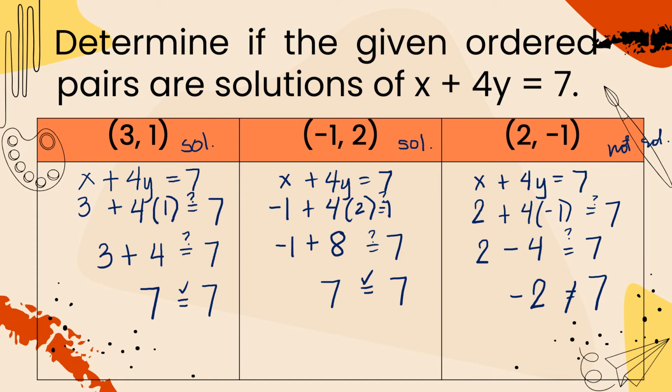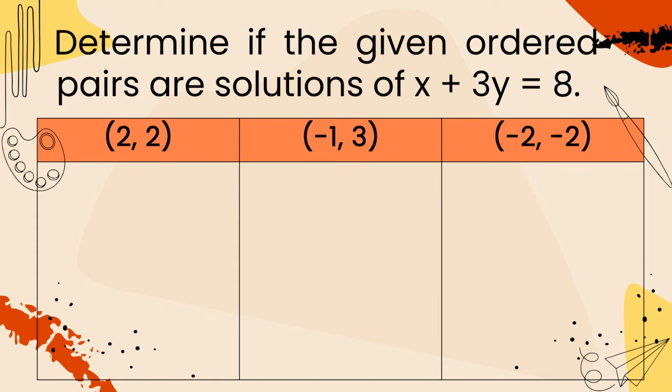Let us try some more. So for our second linear equation, we have x plus 3y is equal to 8. So again, let us check if the following ordered pairs are solution of our linear equation. So we have 2 plus, that is 3y plus 8. So we have 3 times 2.